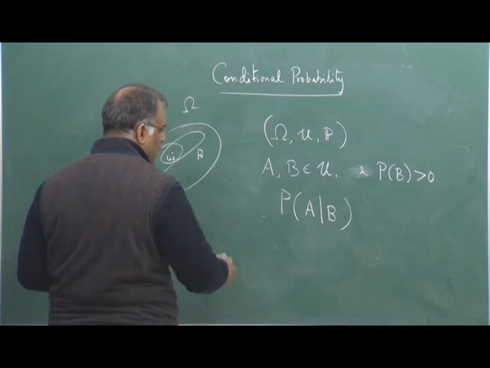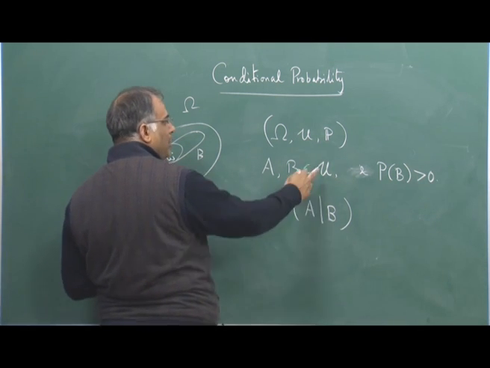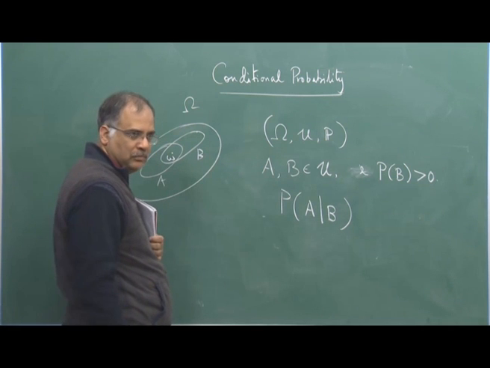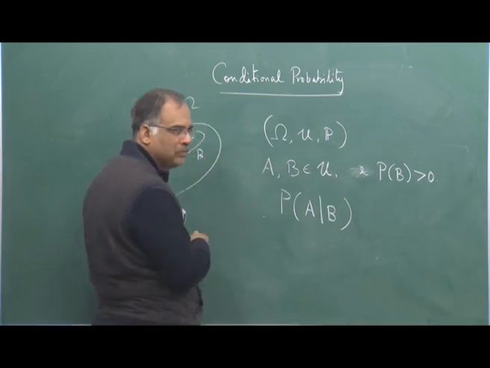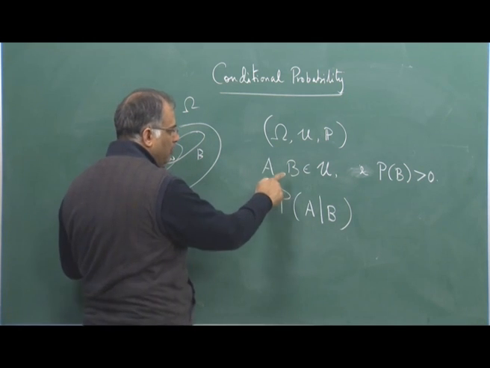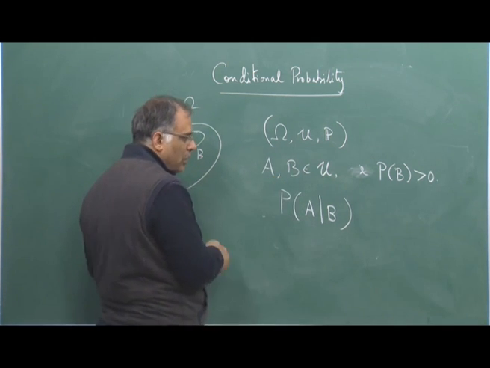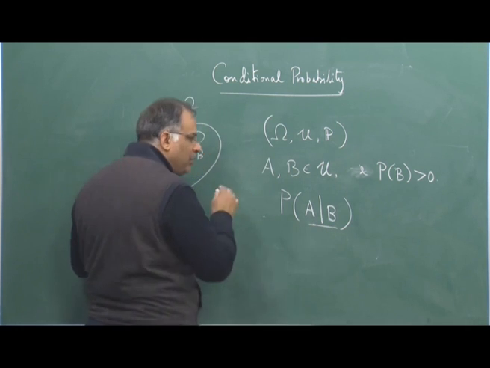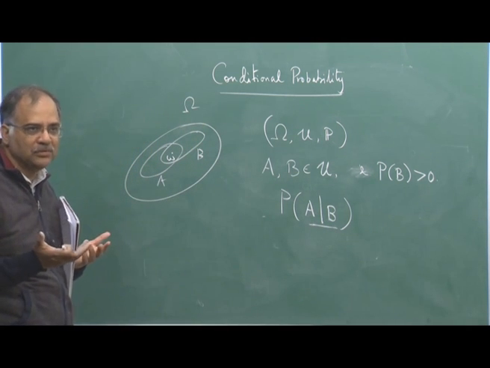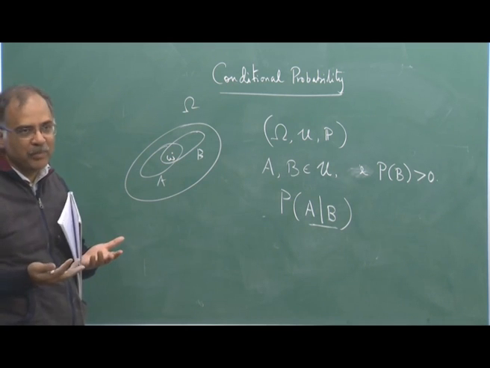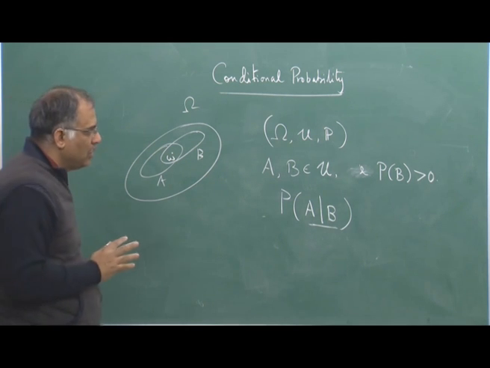Now if I want to define this probability, this is not the same probability as the one I have defined there, because that only talks about the probability of events in U. But where does this event stand? Where is the sigma algebra? Where is the sample space for this?